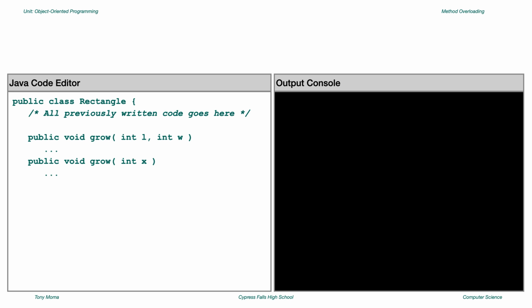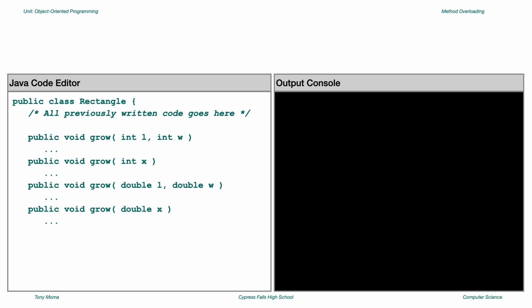Another example of method overloading would be if I changed the type of the parameter. For example, if I wanted, I could define a third grow method that receives two doubles as parameters. I could also define a fourth grow method that receives just one double as a parameter. Now, when I go to my main method, how is the compiler going to know which one I'm trying to use? First, it's going to look at the number of parameters that I give it.